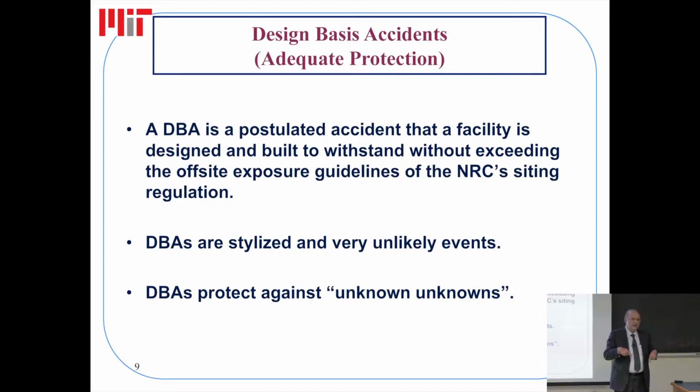At the same time, you have to assume you don't have off-site electric power, and at the same time, you have a single failure in a safety system, in a critical safety system. Okay? That's what I mean by stylized. The accident is dictated by the regulator.